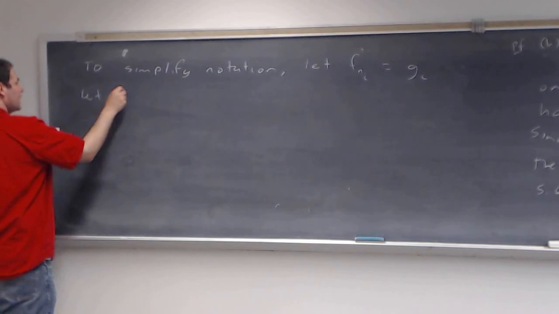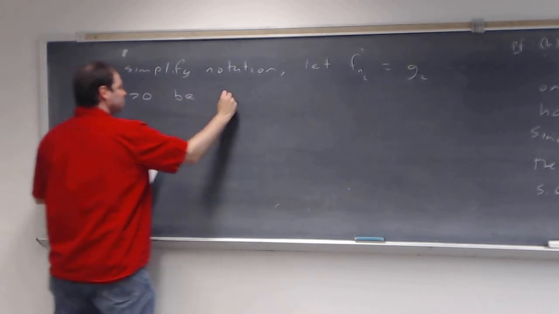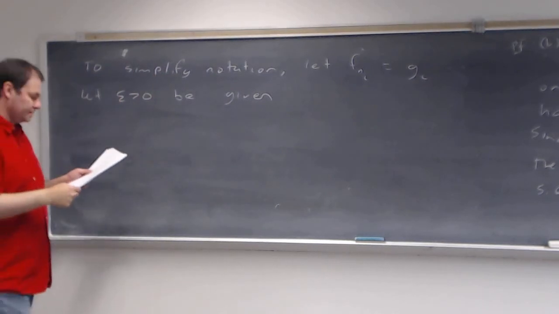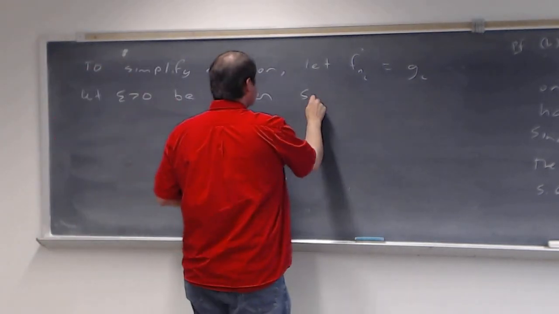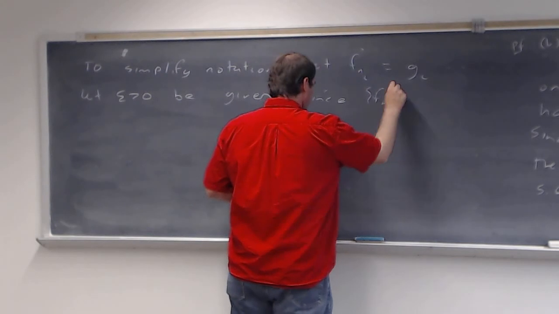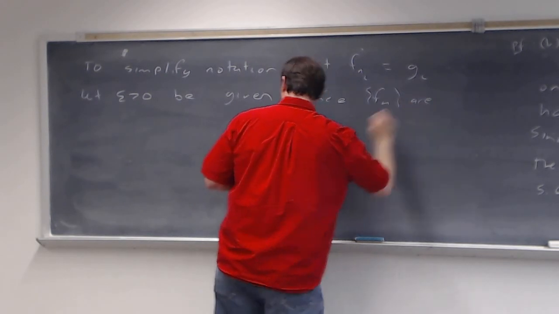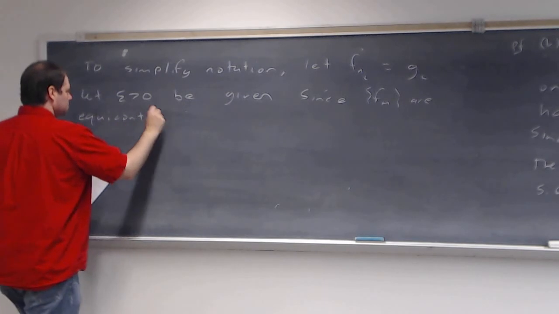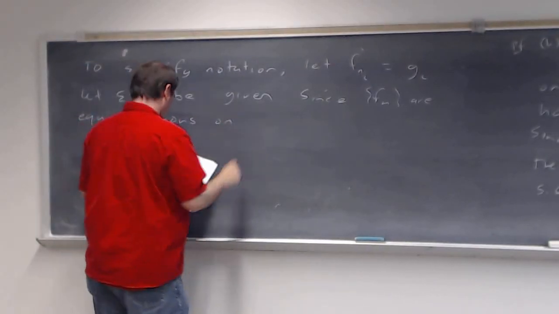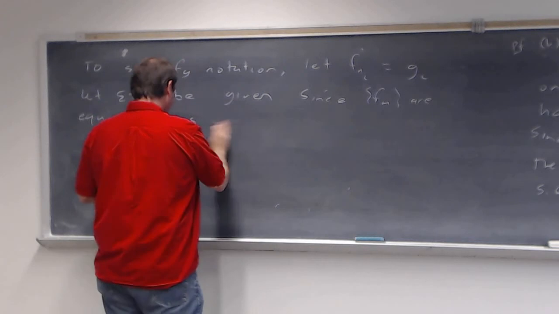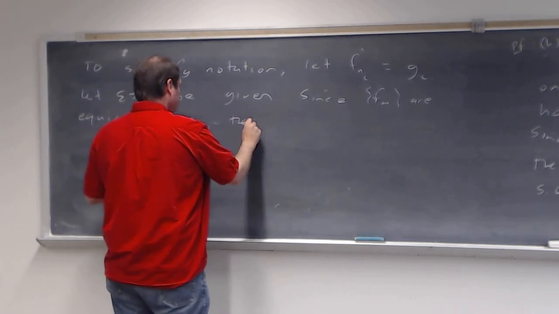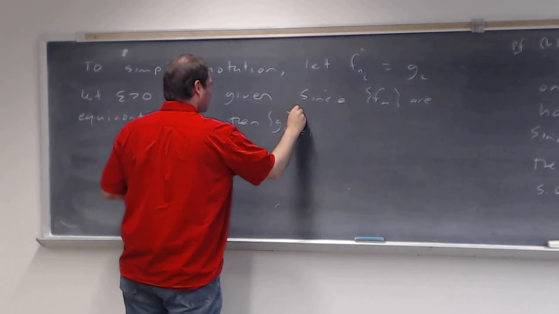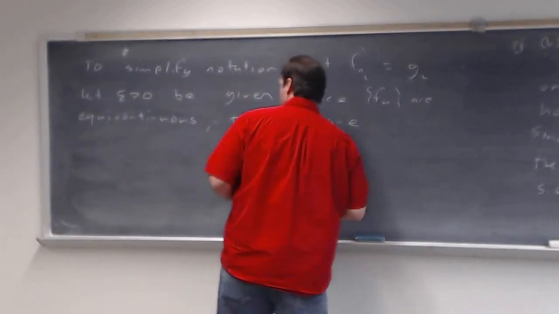Now, we'll let epsilon be greater than 0 be given. Since the f_n's are equicontinuous on K, then the g_i's are equicontinuous.